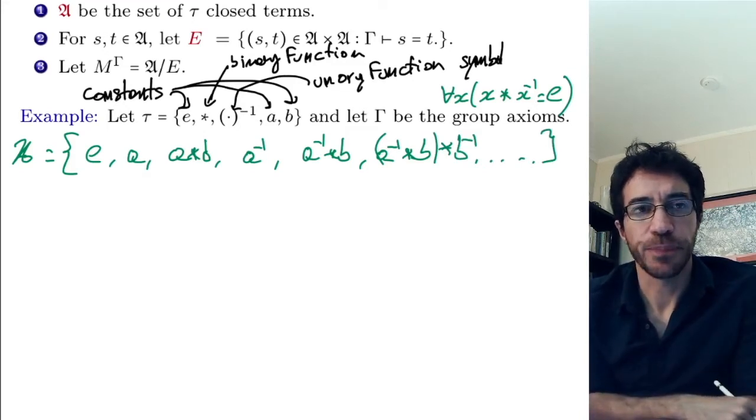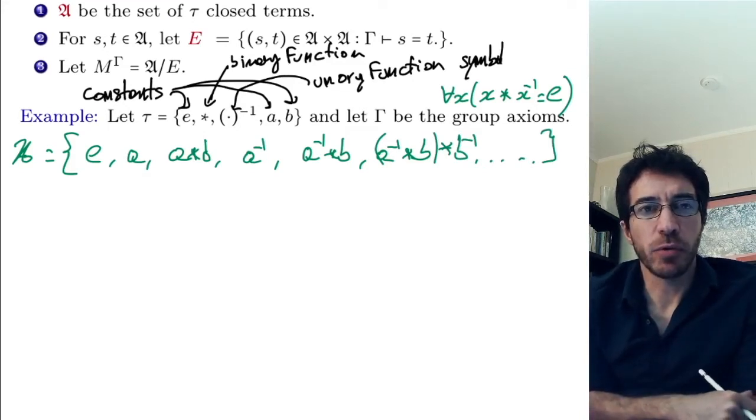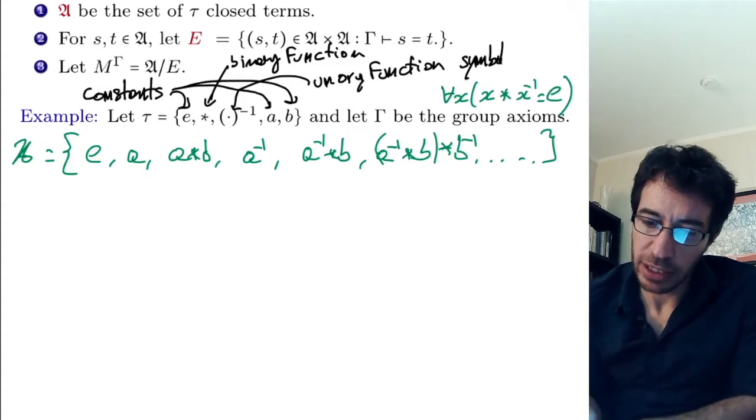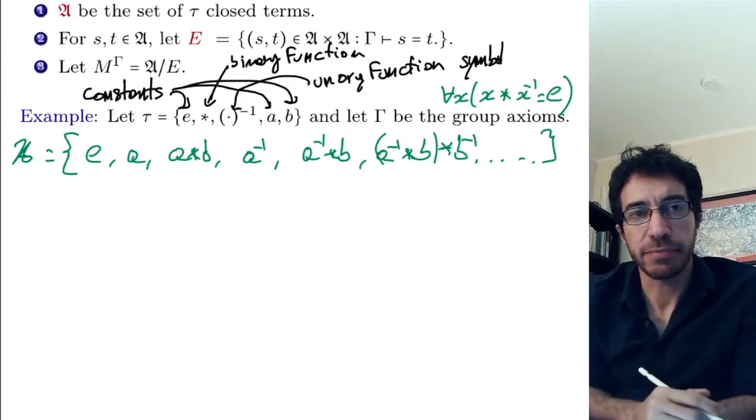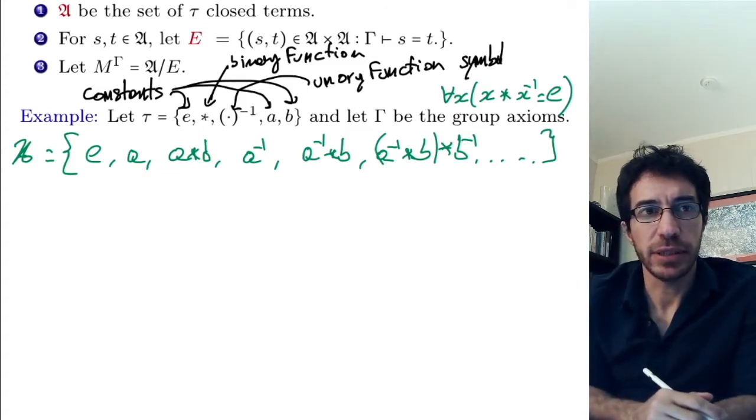All those terms. Now when we do the equivalence relation, we're allowed to use that axiom. And actually we also have the axiom that x minus 1 times x equals E. So what happens when we take the quotient?